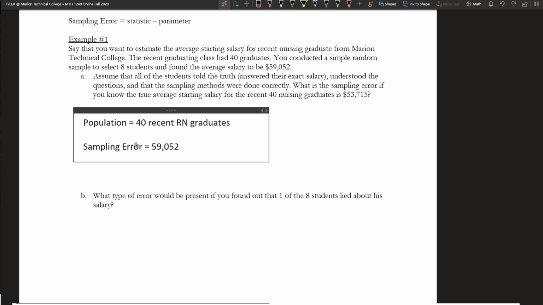That's from 8 people, a subset of the population. That's the sample. And then we subtract the parameter, which is the value from the population, so that's the 53,715 number. And we can get a solution. I just hit equals in OneNote, and it gave me that solution really easily, right?